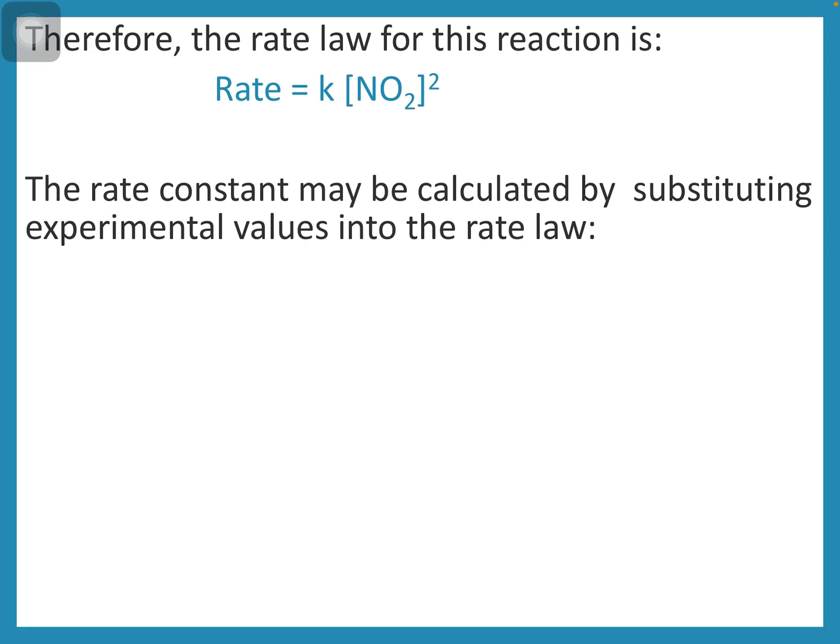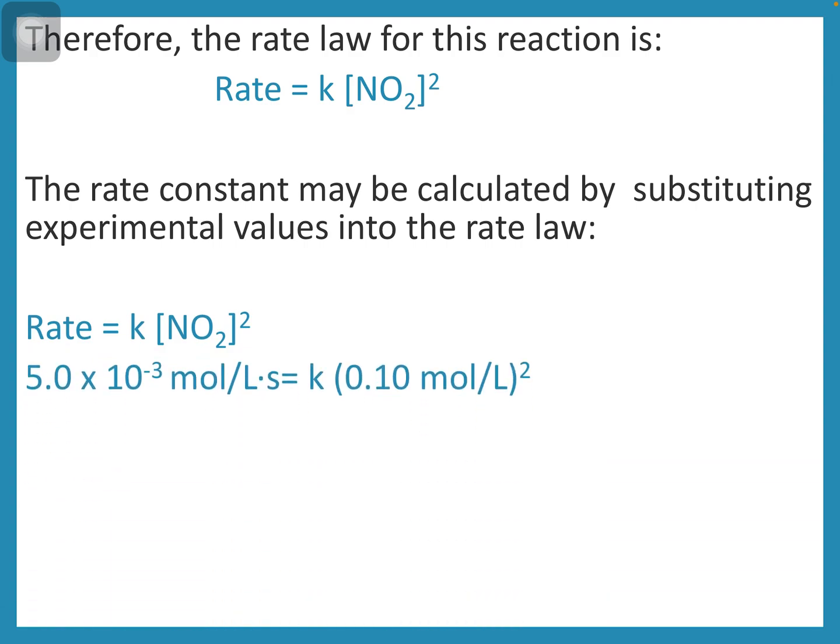So once again, we can sub in values. So if we sub in a value for the concentration of NO2 and the resulting rate from the experimental data from before, we had 5 times 10 to the negative 3 moles per liter per second when the concentration of NO2 was 0.10 moles per liter. So we are going to square that amount according to our rate law.